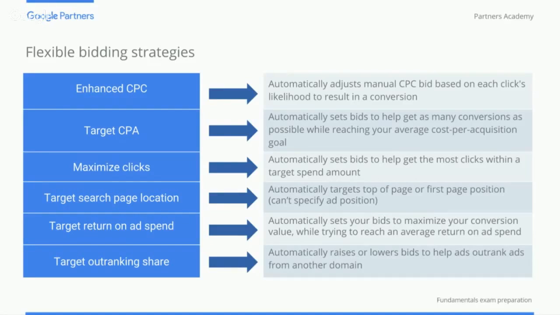Somebody who's really in market, who continues looking for your client's site or continues looking for products or services in the industry, this is the person that we'd want to bid up for. Take the guesswork out of it, use enhanced cost per click, and Google will adjust these bids based on the most effective way of getting conversions.